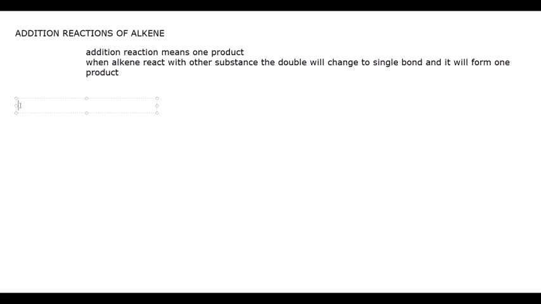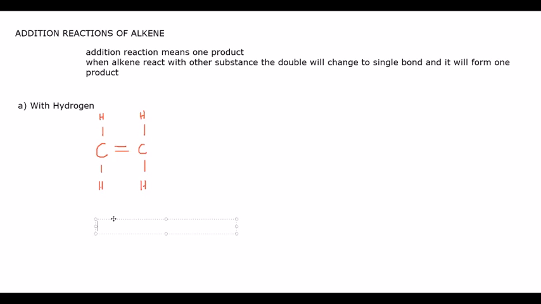So the first example of addition reaction is with hydrogen. If I draw an alkene, C double bonded with C, what is the name of this alkene which contains two carbon atoms?